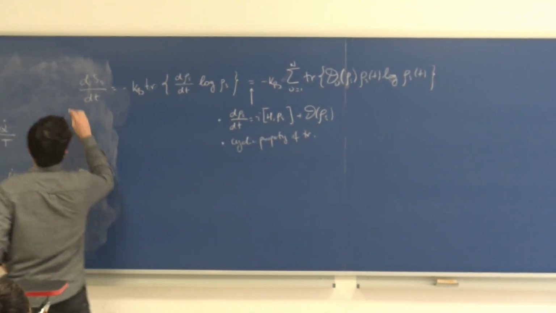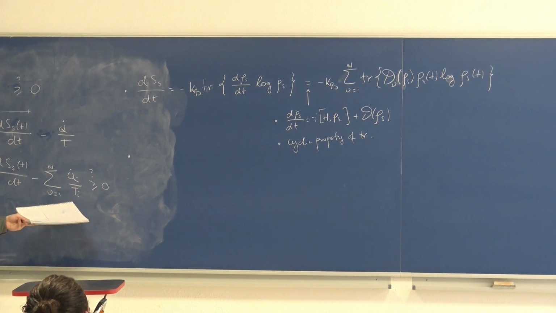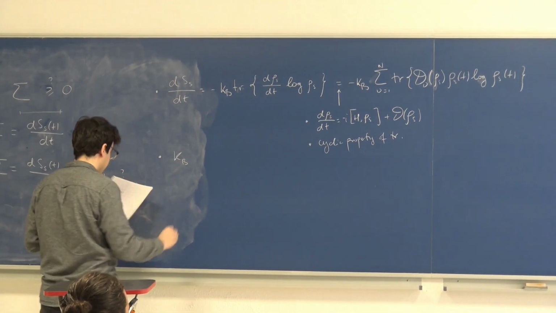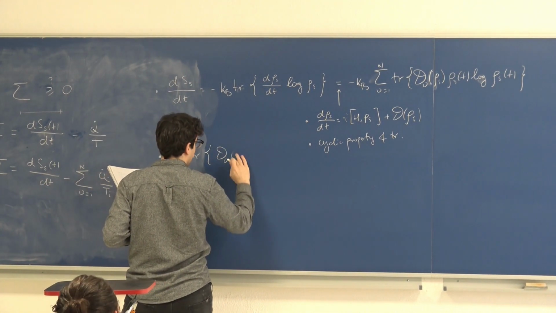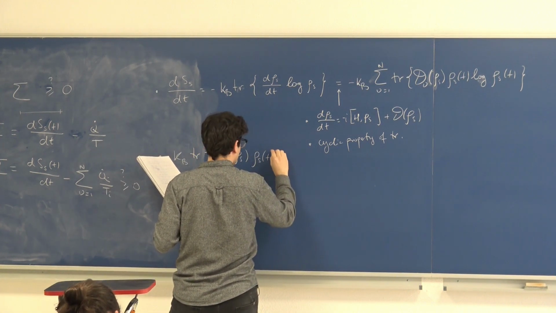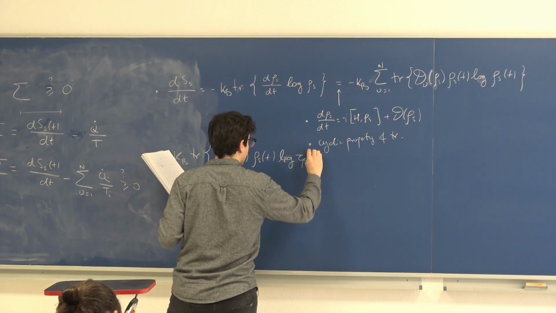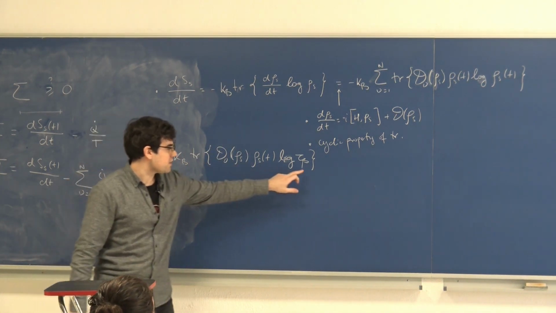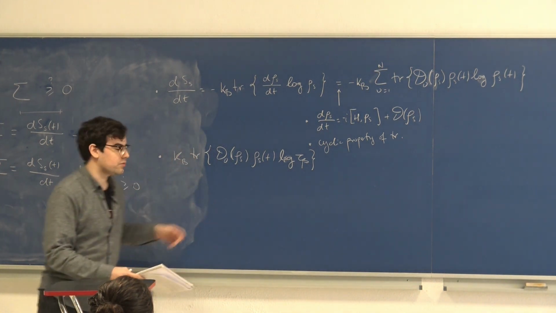And the second one, this shape is kind of complicated, but you can write this down like this, where you have the state of your system and the state of the thermal state where the system is evolving to.